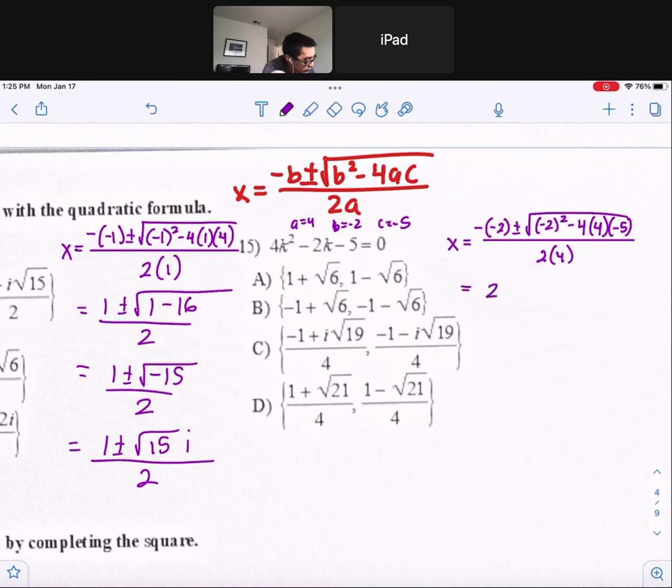So we're going to get 2 plus or minus the square root of 4 minus 4 times 4 times -5, that's +80, all over 8. So you have 2 plus or minus the square root of 84 all over 8.